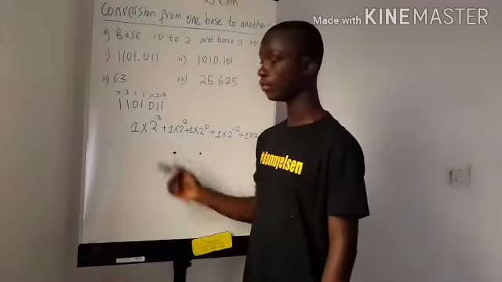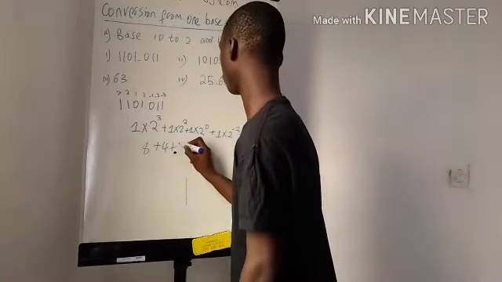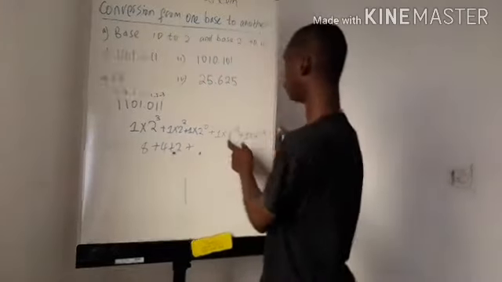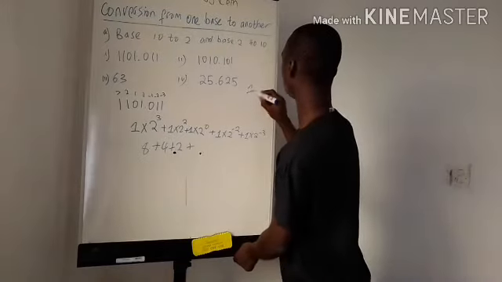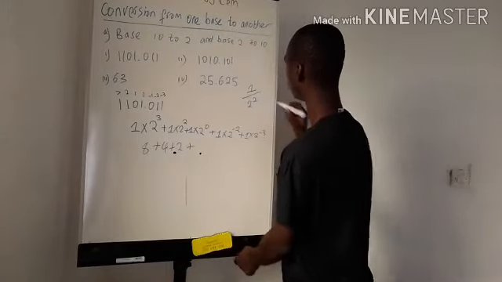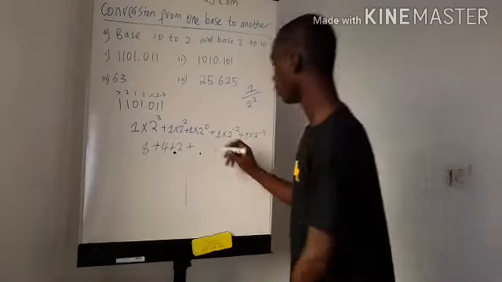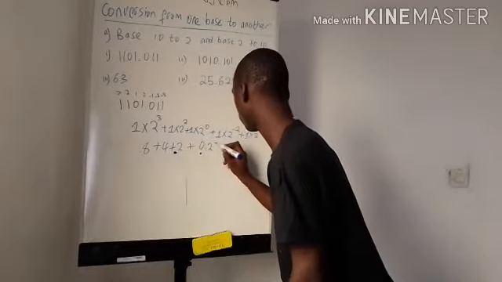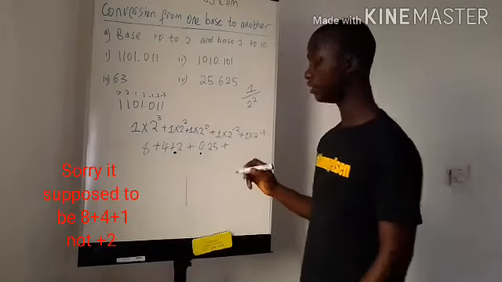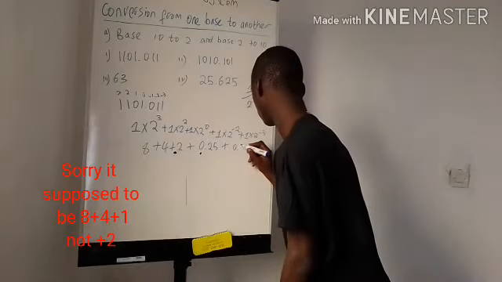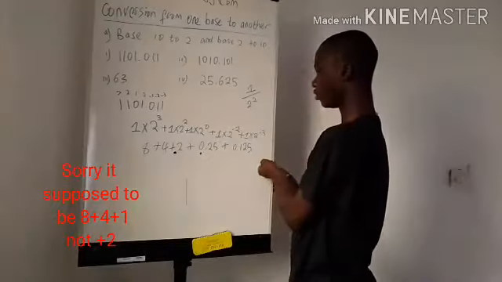2 to the power 3 we have 8. 8 plus 4 plus 2 plus, now 2 to the power negative 2 is the same as 1 divided by 2 to the power 2, and 2 to the power 2 is 4. 1 divided by 4 is 0.25, plus 1 divided by 8 is 0.125. So you just need to sum these numbers.